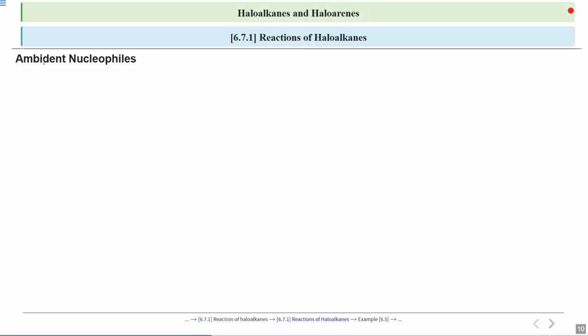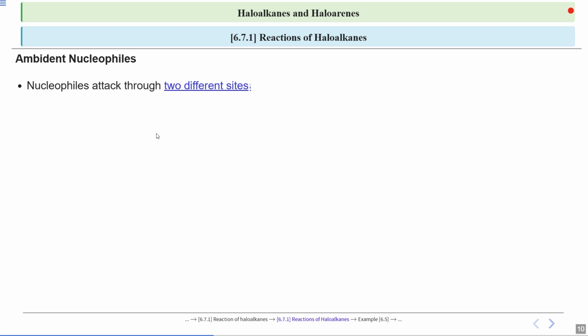Let's see what ambident nucleophiles are. Nucleophiles that attack through two different sites. Okay, so ambident nucleophiles are those nucleophiles which can attack through two different sites.